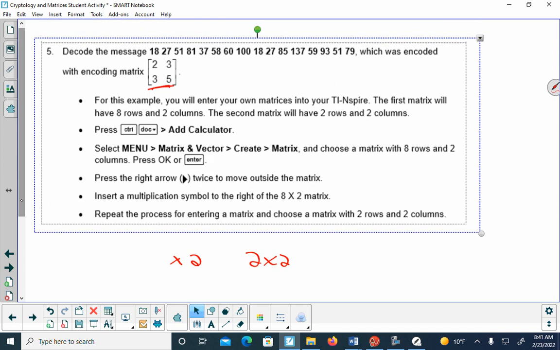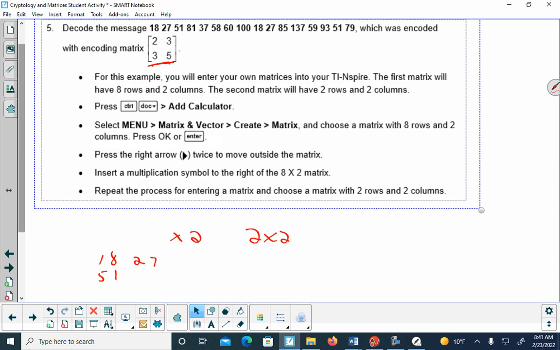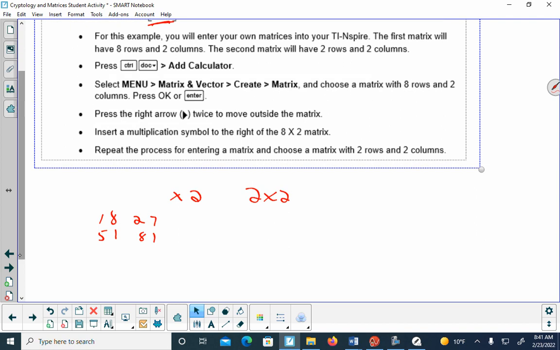I start writing these numbers: 18, 27, 51, 81. I'm just going along that list of numbers and writing them in the matrix: 37, 58, 60, 118, 27.